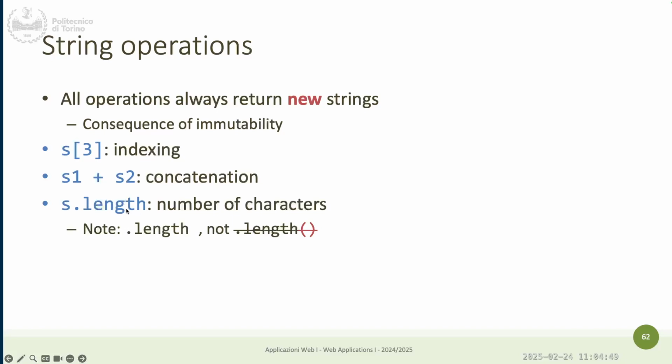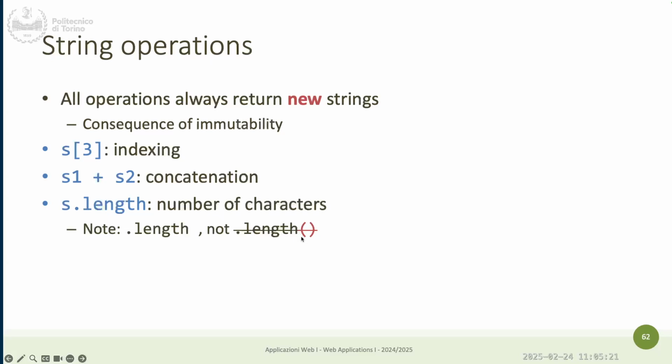We still haven't studied objects, but beware that the length of a string is not a method, it's a property. So it's not the method length with parentheses that you can call, but just dot length as a property, as a constant value property of the object. If we come from Java, we'll want to put the parentheses, and they will not work because you will be trying to call a number, an integer.